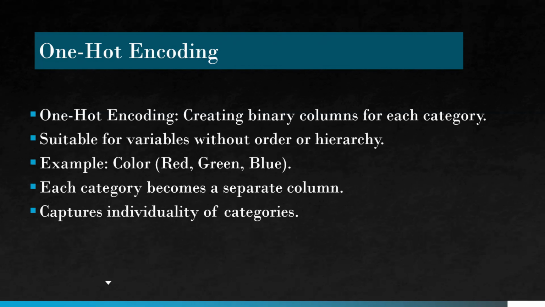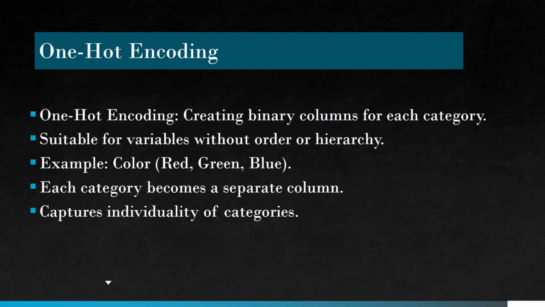Another technique to handle categorical features is one hot encoding. One hot encoding creates a binary column for each category. This technique is suitable for variables without order or hierarchy, variables that have no relationship between each other. So, for example, colors: red, green, blue.